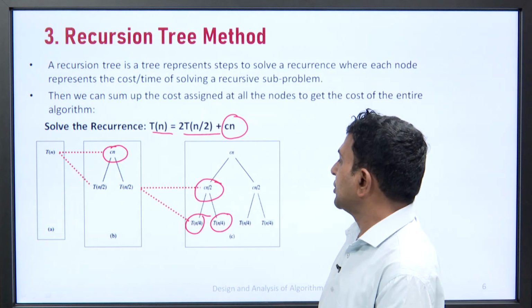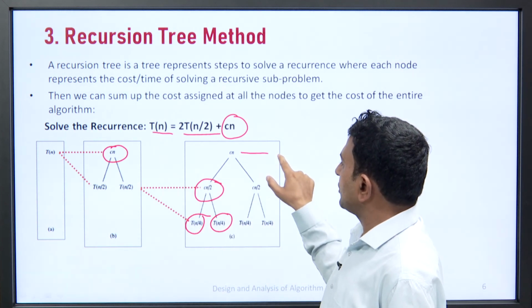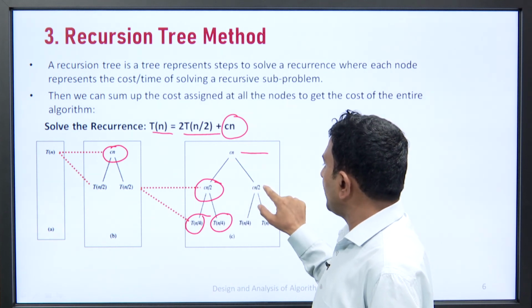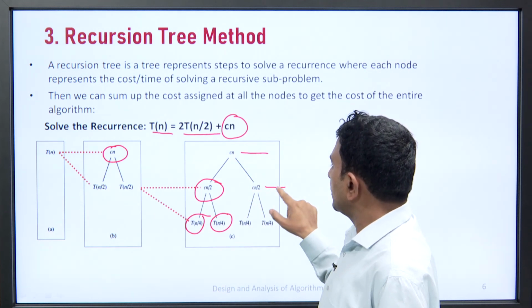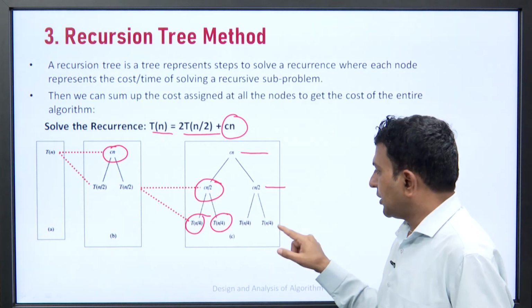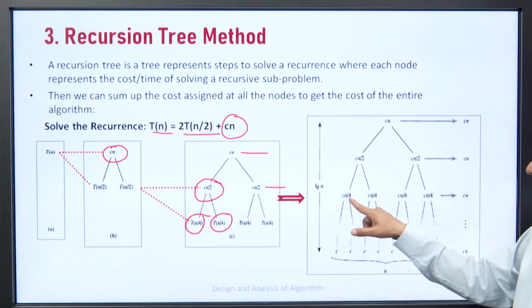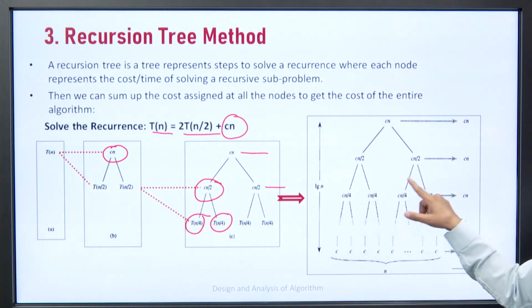Cn/2 cost. Just see here, at the first level, level 0, the total cost is Cn. At the second level, the total cost is Cn/2 plus Cn/2, that is Cn. Similarly, at the third level, Cn/4 multiplied by 4 is Cn.